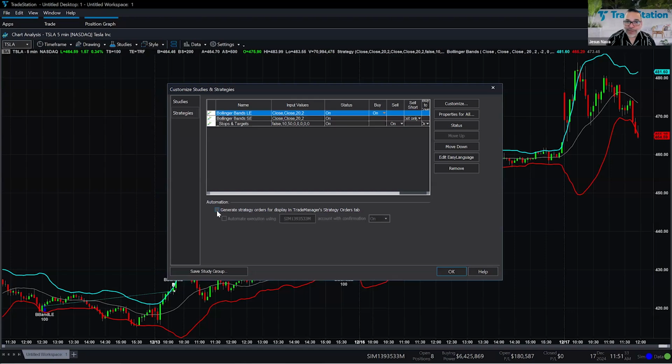We'll follow through with different levels. We'll follow through with confirmation. Maybe you do want to still be the last call in placing that trade. So you can set up a confirmation and say, hey, strategy, if you find a place where you're going to enter a trade, let me know first, give me a confirmation, and then I'll press the button to place that trade. That's automation with confirmation.